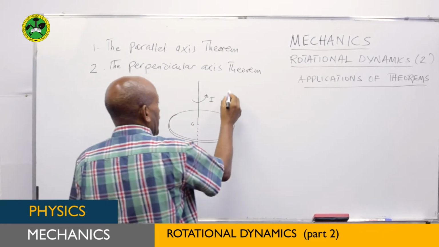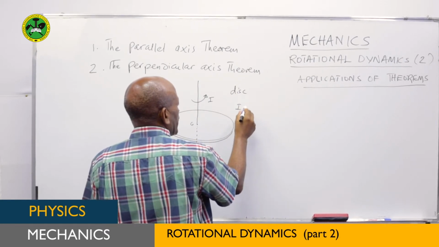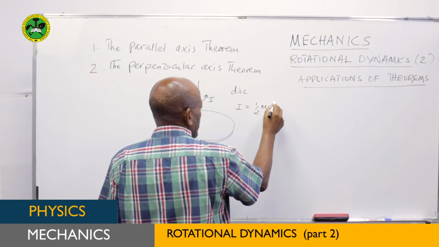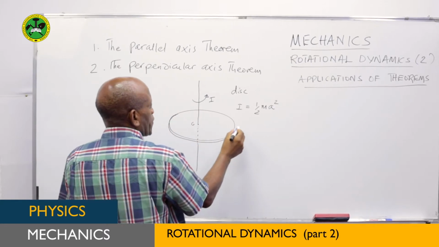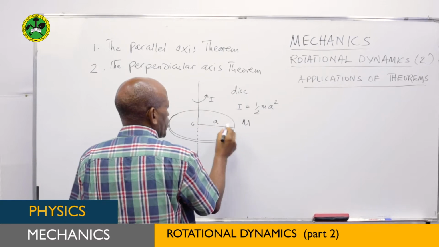If this is a disk, then the moment of inertia, I, is equal to a half times mass times the radius squared, taking the disk to have mass m and radius a.